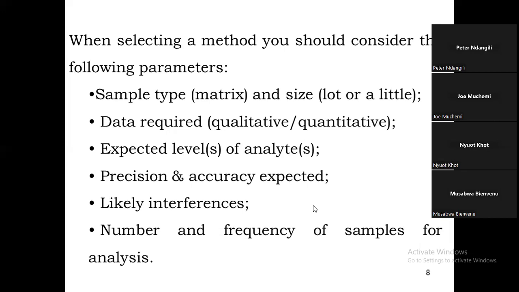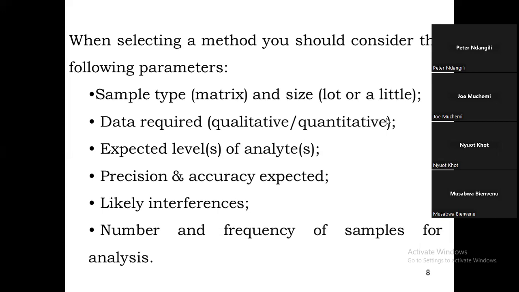What are the expected levels of the analytes? What is the level of precision and accuracy expected in your analytical procedure? Is there a likelihood that there will be some interferences? Again, I asked you to distinguish between an interference and what was the other thing that I asked you?